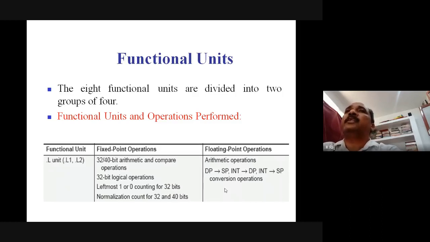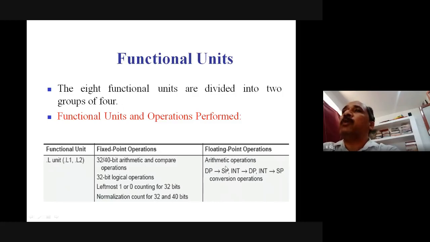If we consider the .L unit, then the fixed point operations performed here are 32 to 40 bit arithmetic and compare operations, 32 bit logical operations, leftmost 1 or 0 counting for 32 bits, and normalization count for 32 and 40 bits. These are the fixed point operations of the .L unit, either L1 or L2.